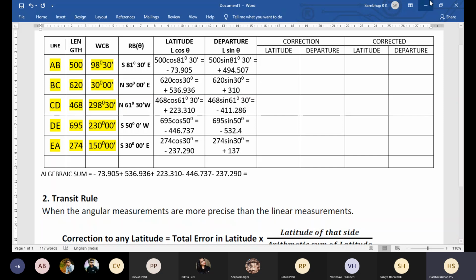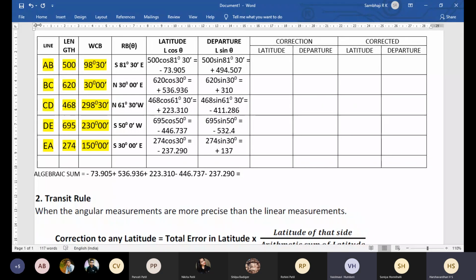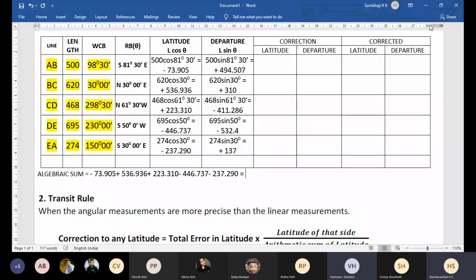What is the value? 2.314. And it is plus, right?